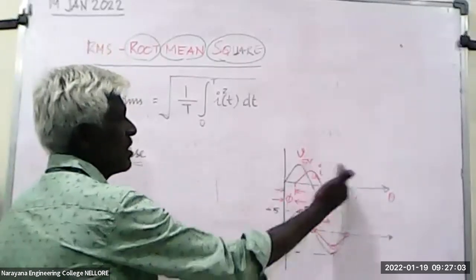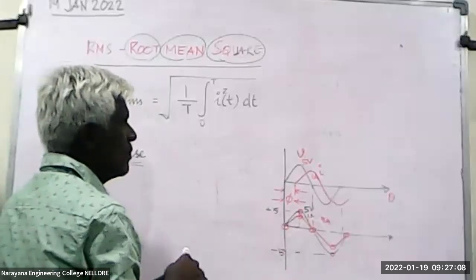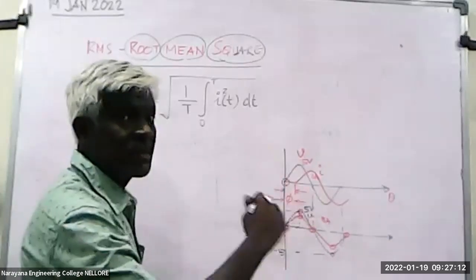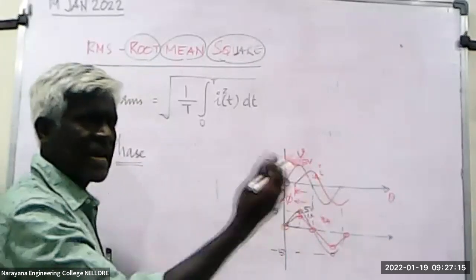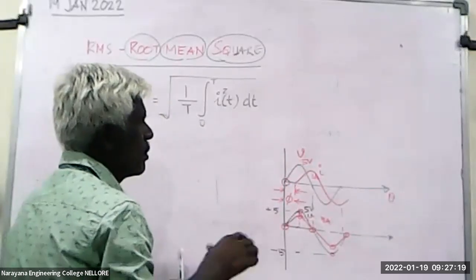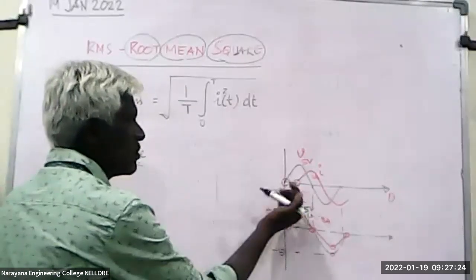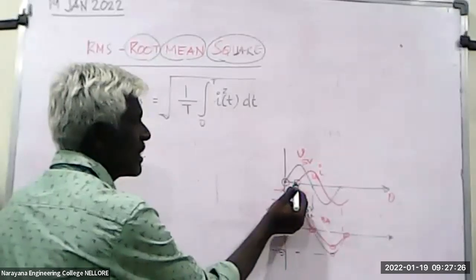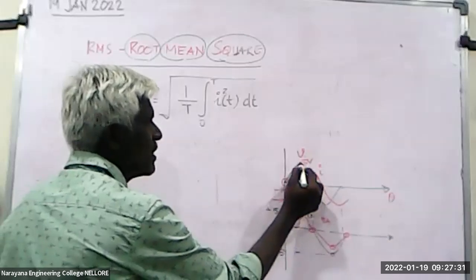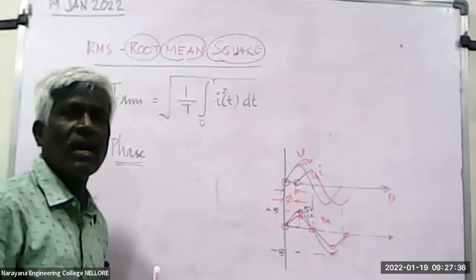But in the case of this waveform, you can see my voltage has reached 0 at this instant, but after some delay, it may be angle delay or time delay, my current becomes 0. Similarly, the peak value has been reached at this instant, but my current reaches its peak value only after some time.